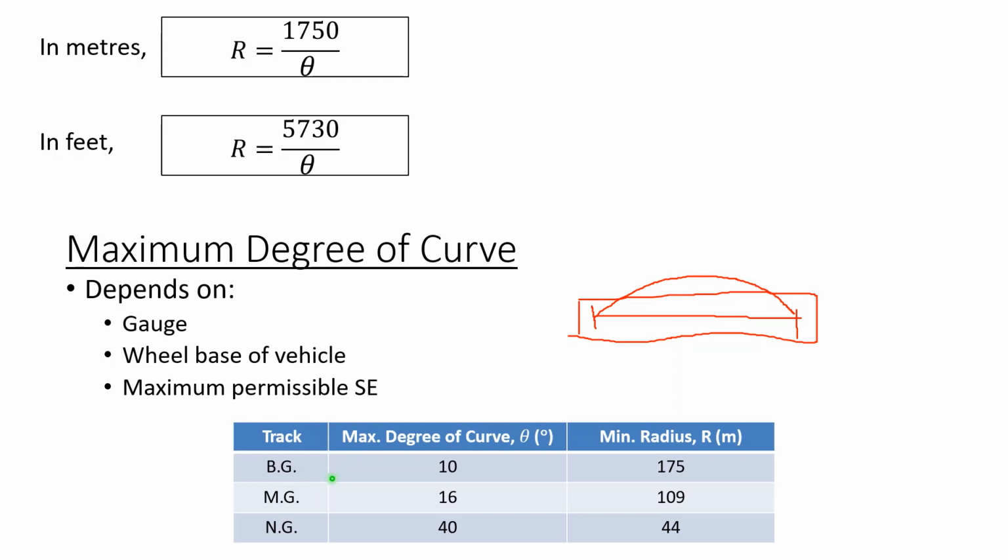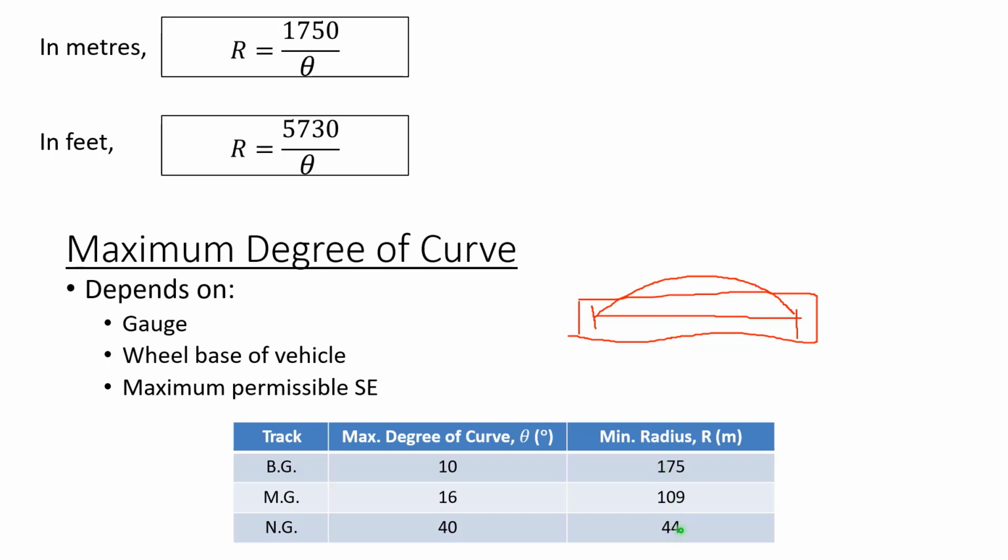For broad gauge it is 10 degree, meter gauge it is found to be 16 degree, and for narrow gauge the maximum degree of the curve can go up to 40 degree. Accordingly, in terms of radius, in the broad gauge track the minimum permitted radius should not go below 175 meters, whereas in the case of narrow gauge the minimum radius can go down to 44 meters.